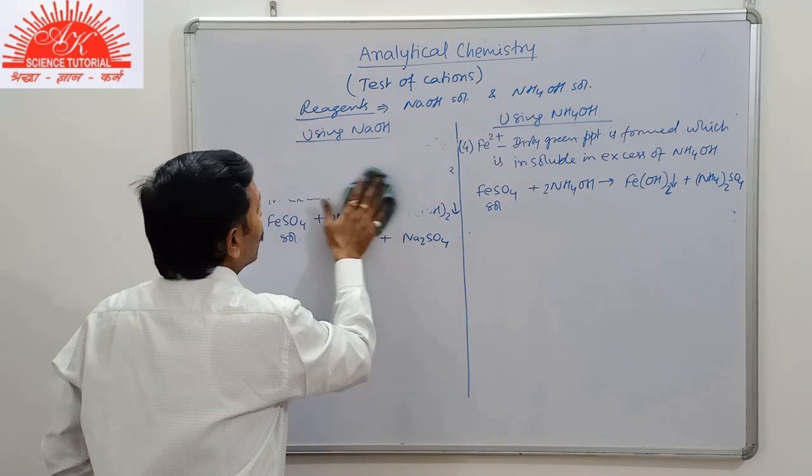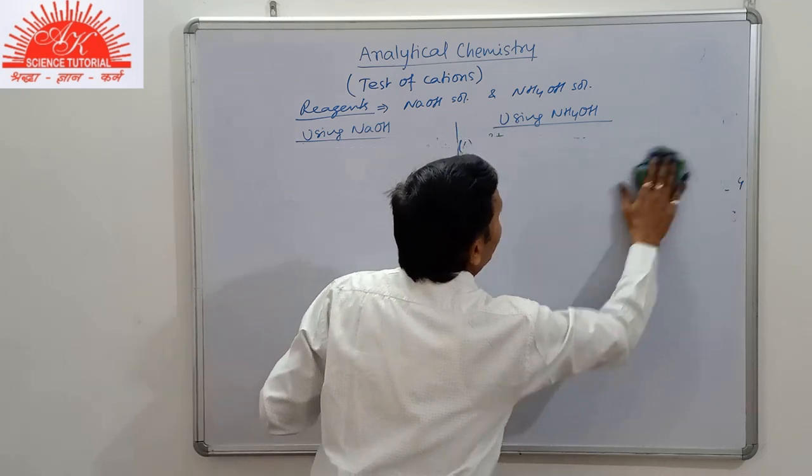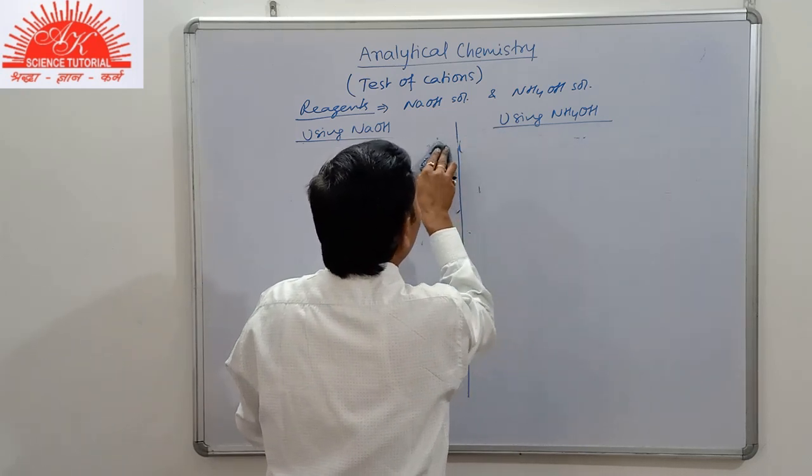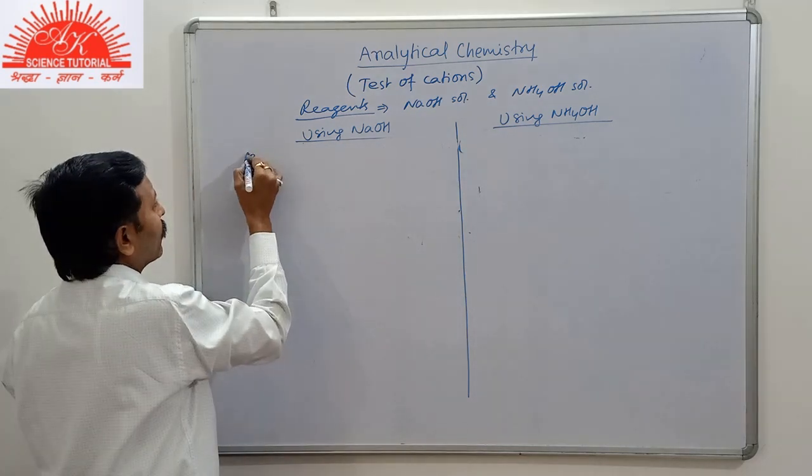Now we can have the fifth cation, that is the Fe3+ or ferric ion.